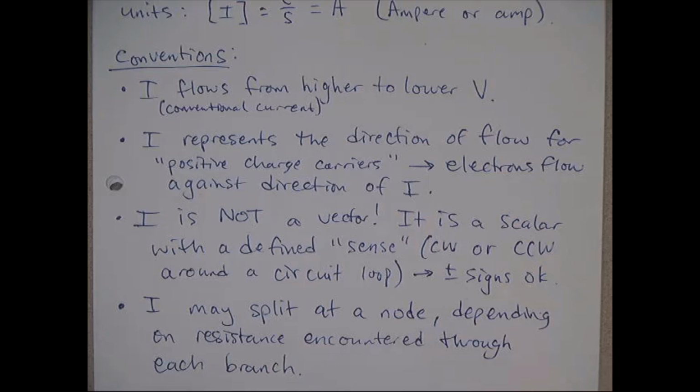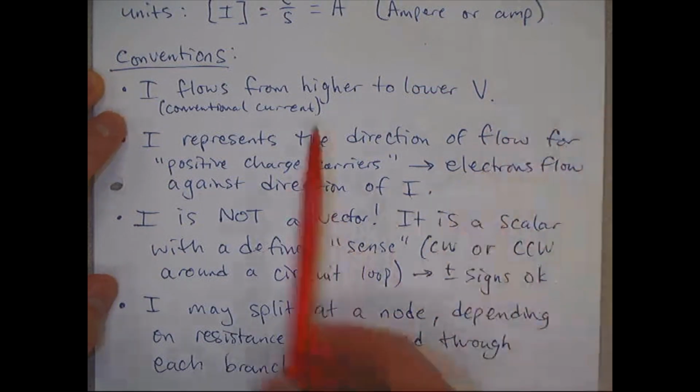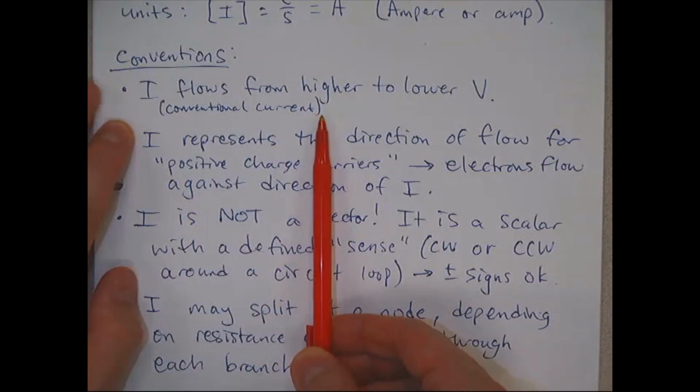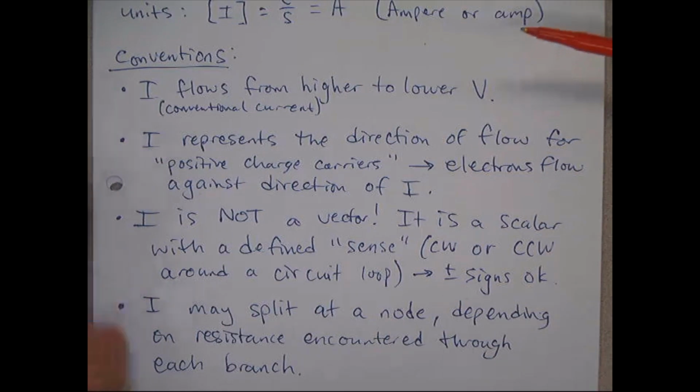We follow some conventions which might contradict things that you're familiar with in an engineering circuits course. Current is going to flow from higher to lower voltage. You know already that electric field points from higher to lower voltage. So in that sense, our conventional current flows with the electric field in your circuit.